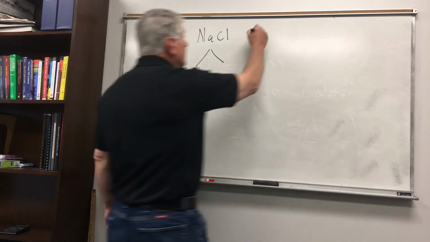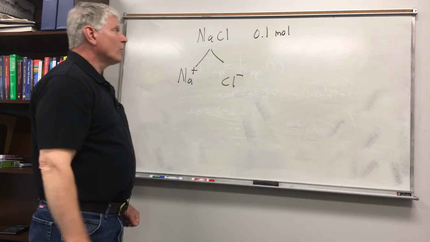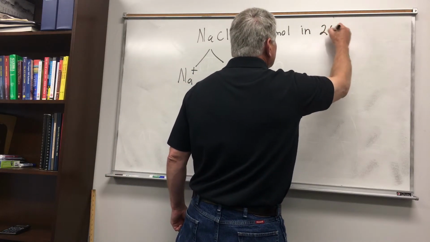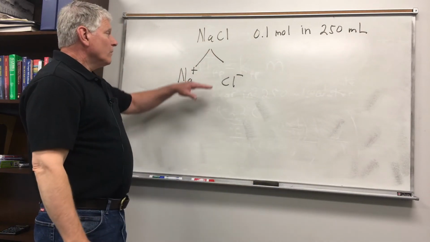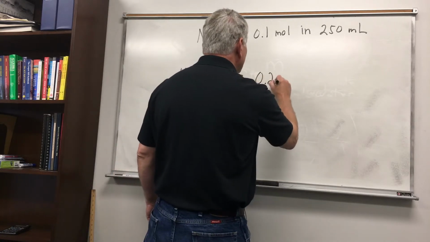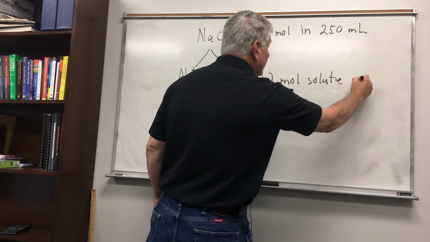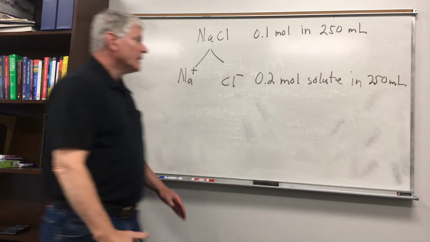So if we have 0.1 moles of sodium chloride in 250 milliliters of water, when we dissolve it, we'll have 0.2 moles of solute in 250 milliliters of water.